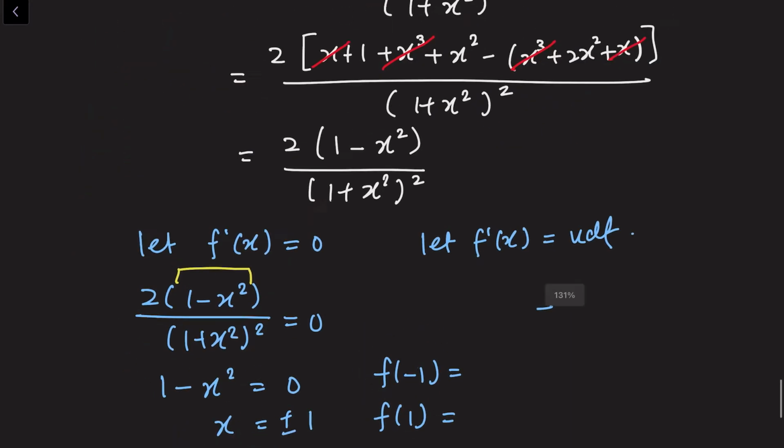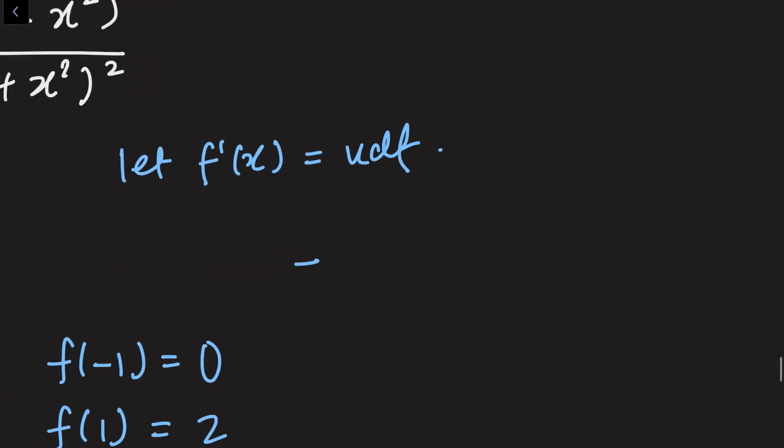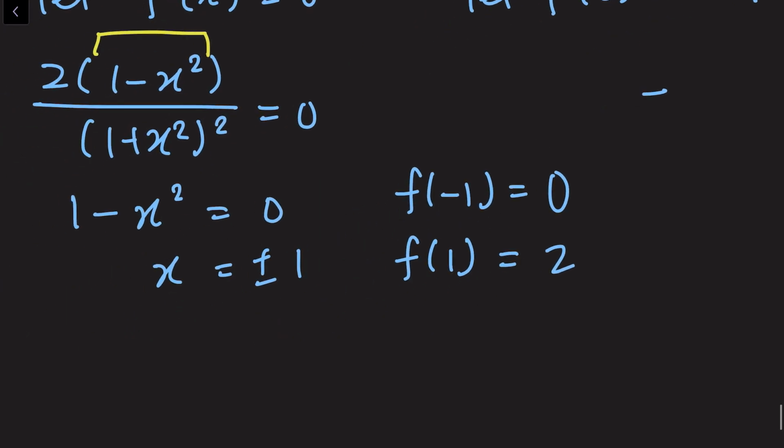What's our original function here? Okay, it's here. So for -1, we have -1 plus 1, obviously we'll get a 0 for this. Then for 1, 2 squared is 4 over 2, so it's a 2. Hence we have possible criticals.